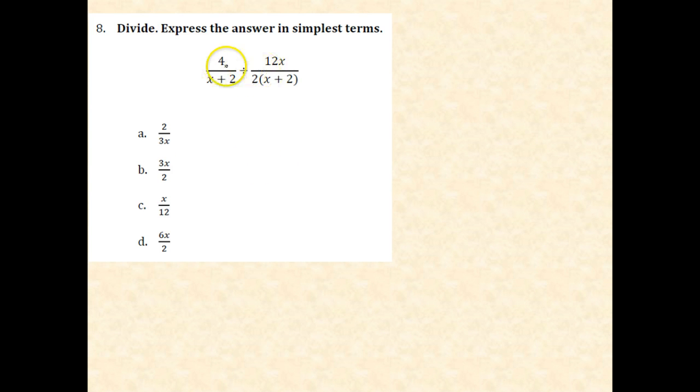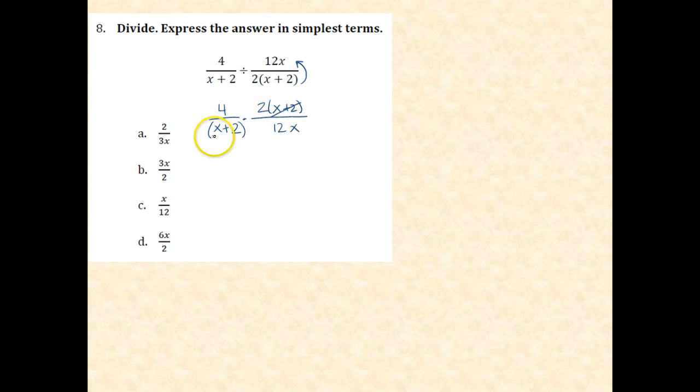When you're dividing rational expressions, all you do is switch it to multiplication by flipping over the second fraction. So 2 times x plus 2 goes on the top, and 12x goes on the bottom, and now we're just going to see what factors cancel out.